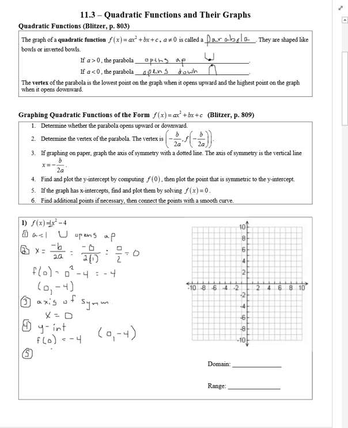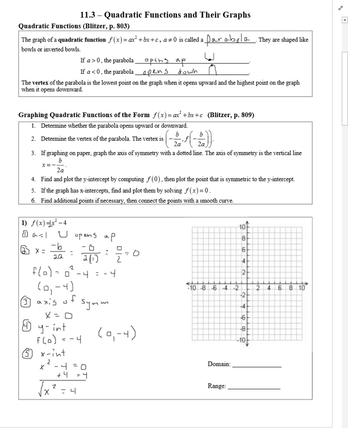Now we need to find the x-intercepts. So for the x-intercepts, remember we take the equation, set it equal to 0, and solve. So we have x squared minus 4 equals 0. If we add 4 to both sides, that leaves us with x squared equals 4.